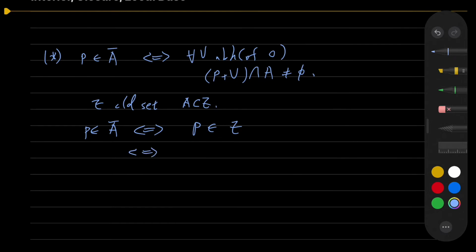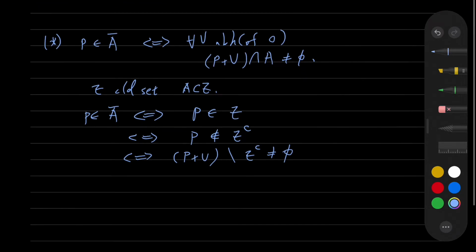Next, it will not be contained in the complement of E. And if we add a neighborhood to this point, this set minus the complement of the closed set should not be empty. If it is empty, it means that it lies inside E, and it will be outside E. That will be a contradiction.